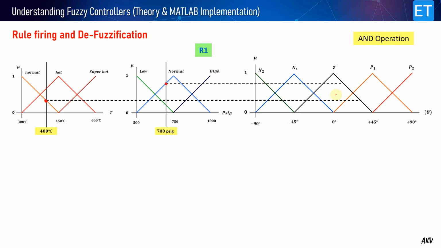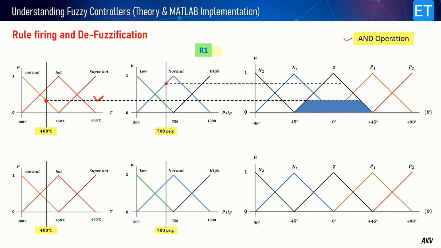Since here we are using the AND operation, we are actually using the min operation. So we will highlight the minimum one. Since output action is Z, we will take the minimum value and highlight this area under the Z membership function. So the rule 1 activation is complete. Now come to rule 2.